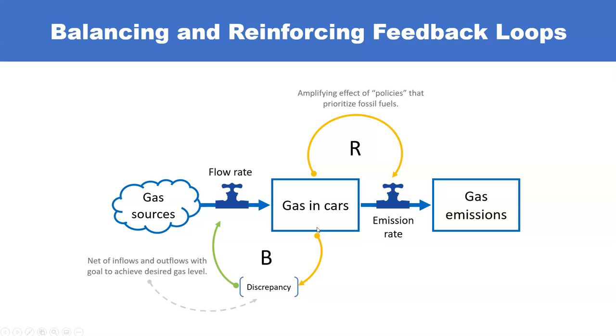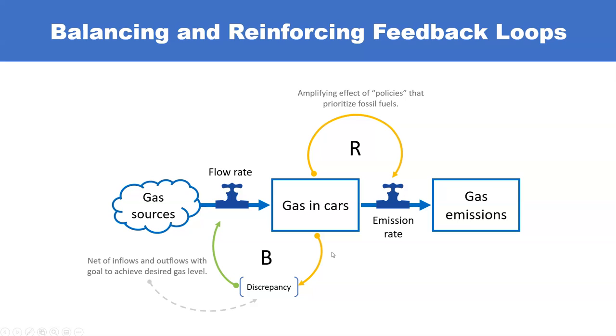So gas in cars in the United States, in this case, comes from gas sources and there's a delivery mechanism. How much goes into the cars is affected by the usage of the car and the amount the people in general want, and then they take action to fill up on gas. And in this labeling, you can see a written net of inflows and outflows with a goal to achieve desired gas levels. You could certainly have said more.